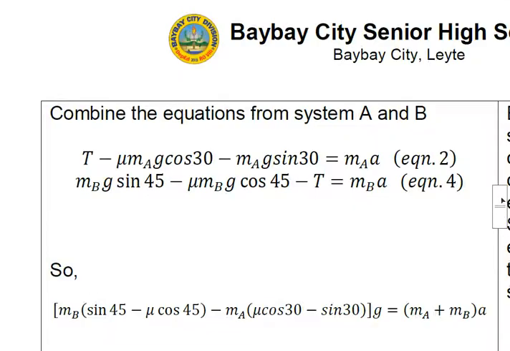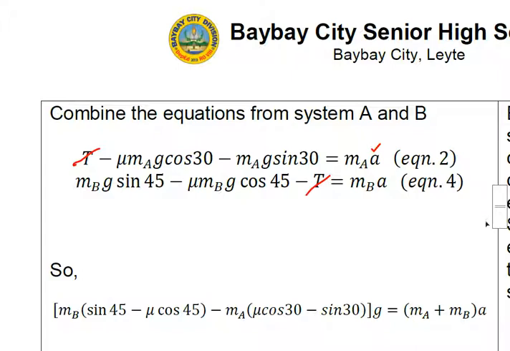We may now be able to remove T, I just add the equations. The variable T is being removed. So what remains is A, and we can compute for the acceleration right now because the only remaining unknown is A. We have just eliminated T. This is common for the system.